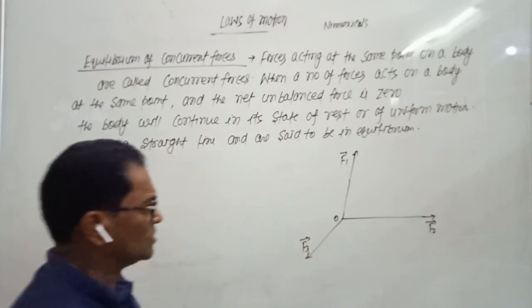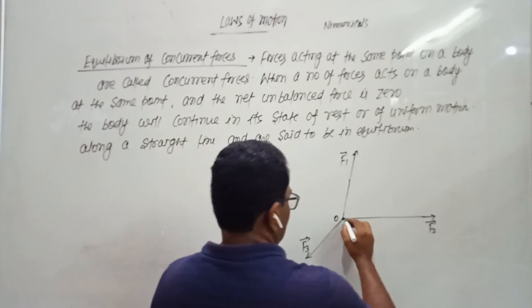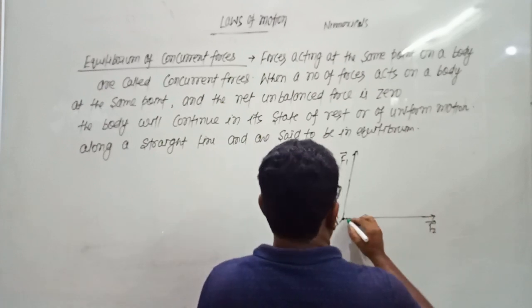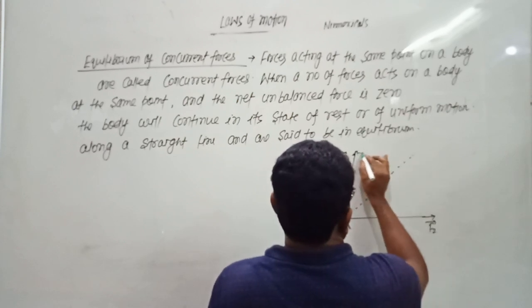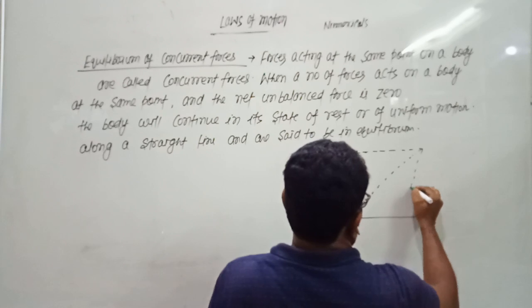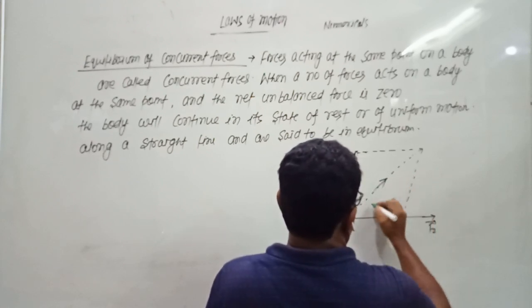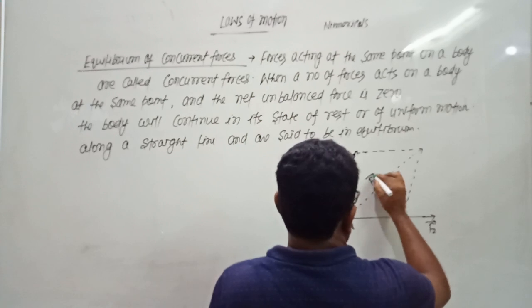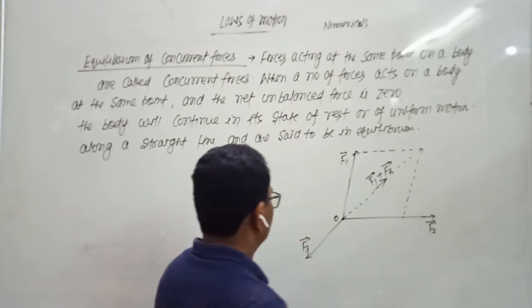These are the three forces acting at a single point O. Then the resultant of the forces F1 and F2 will be F1 vector plus F2 vector.